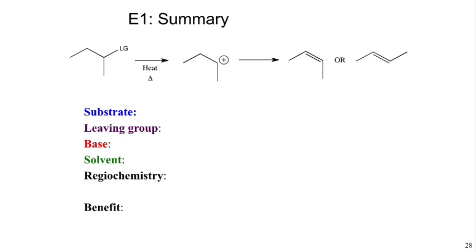Okay? So that 1 is suggesting that we need to form the carbocation. So all of those things that we did for SN1, for substrates, we want a tertiary substrate. Why? Stabilize the carbocation. Guess what? If you think you're doing an E1 reaction, same deal. You need a tertiary substrate. Leaving group, still got to be good.